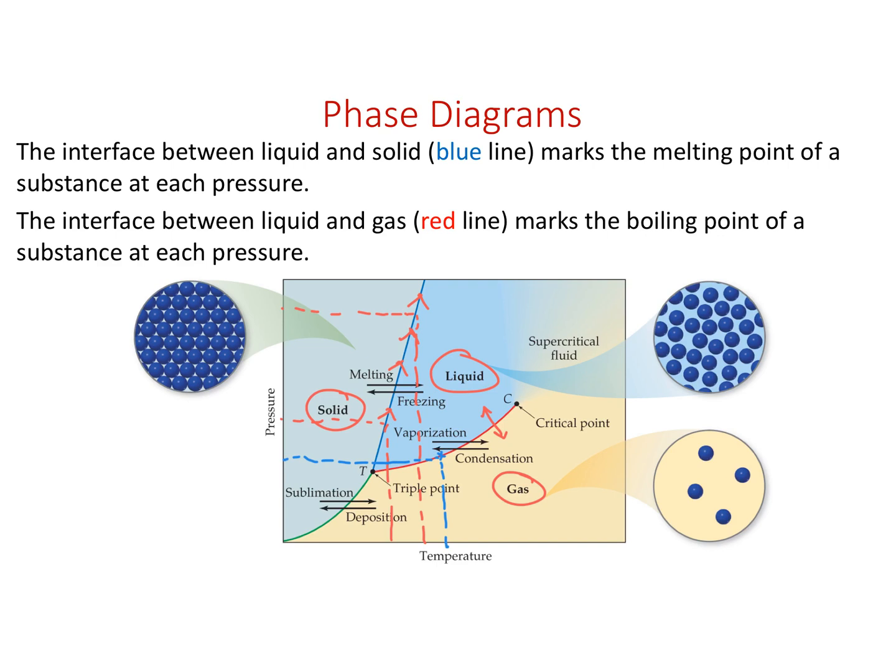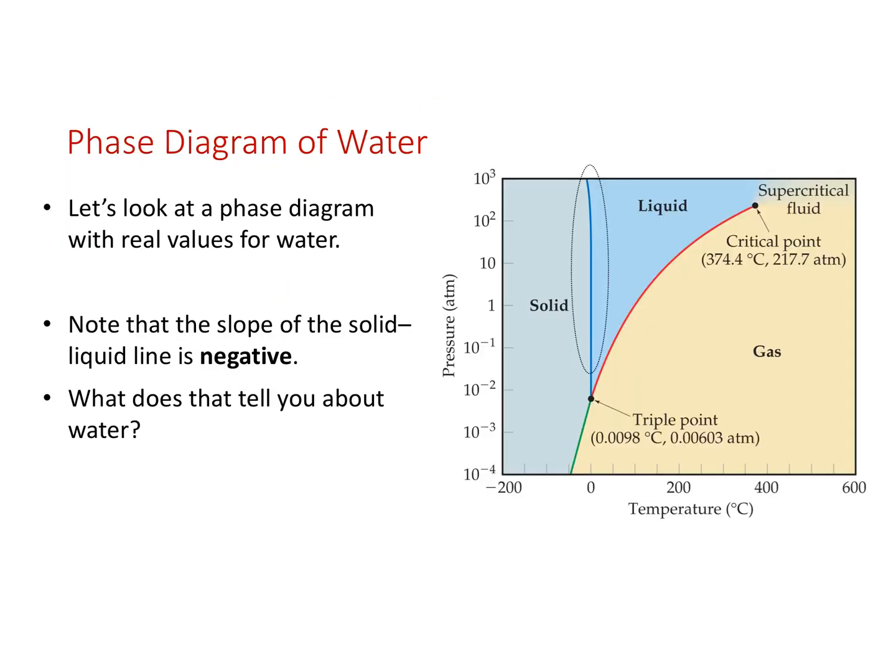So both of those lines will tell us where we can expect to find that equilibrium between those phases. What pressure and temperature would that be? The last line is this green line down here. That is where I'd expect this sample to undergo sublimation, so going directly from the solid phase into the gas phase. But again, under what pressure and temperature would that occur?